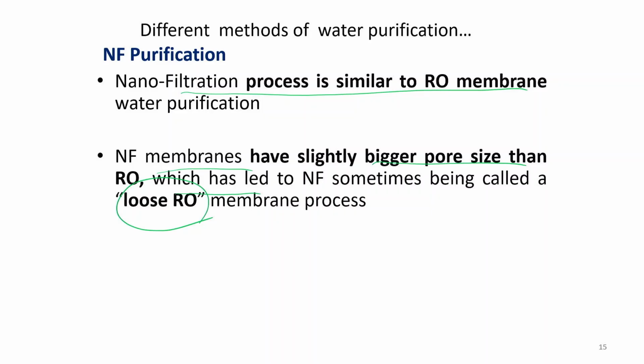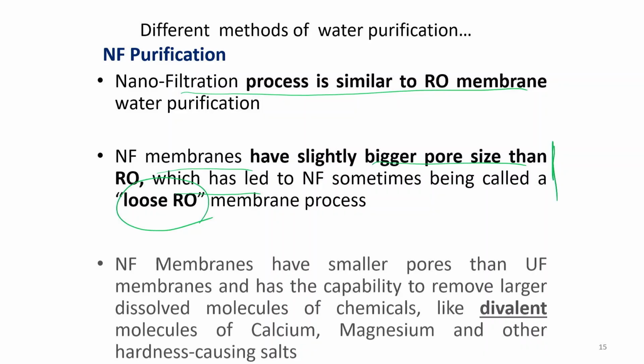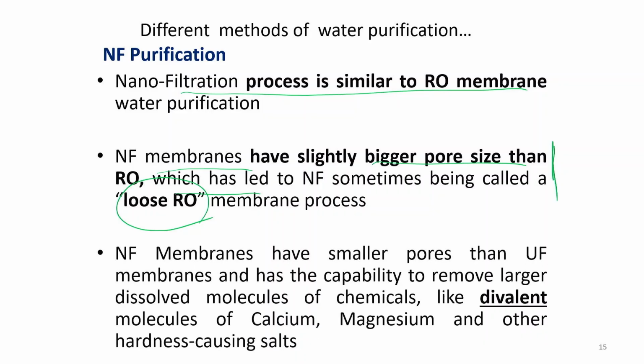It will allow some salt to pass through, but it will restrict all other particles, even viruses and bacteria. So, nanofilter membranes have smaller pores than ultrafilter membranes. The next level is the ultrafilter, the UF membrane.